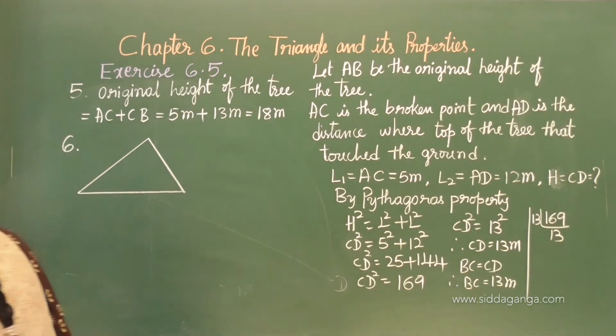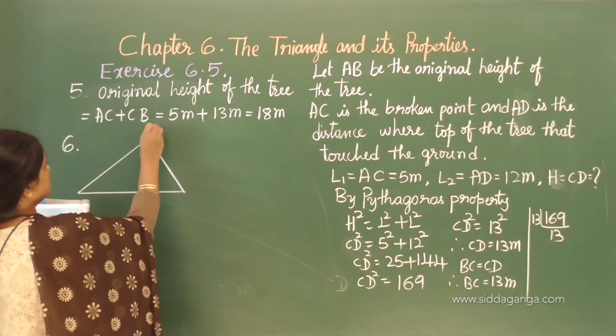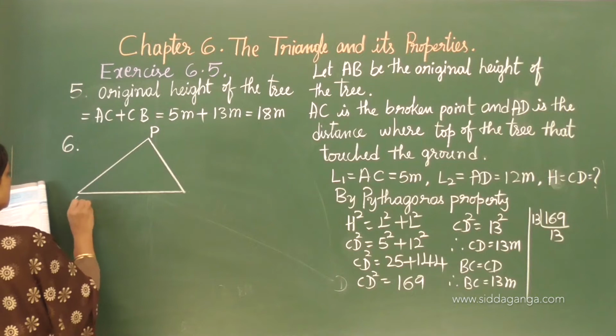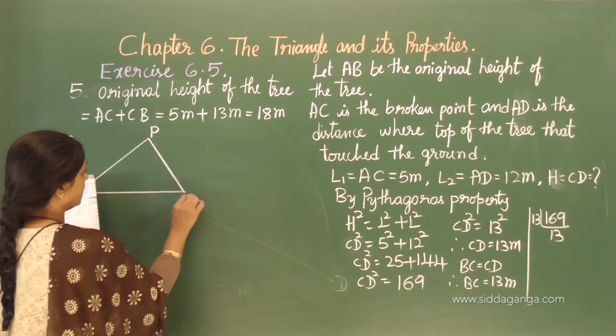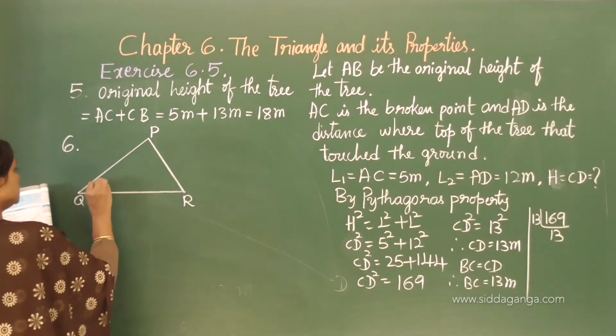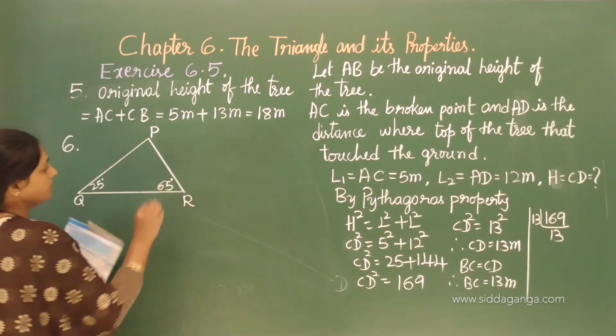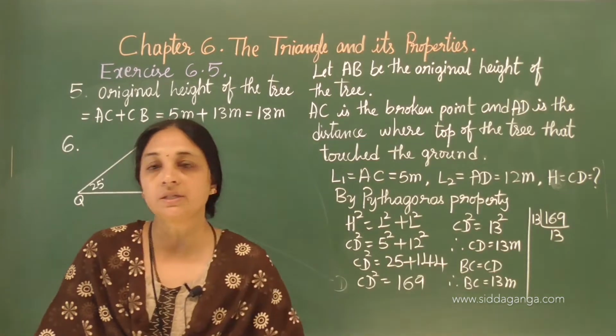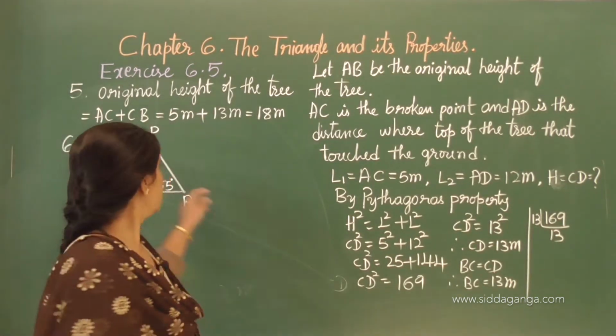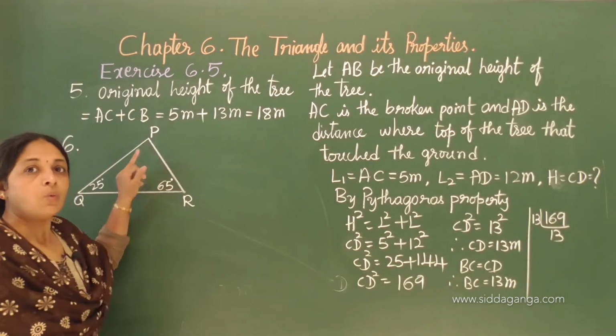So this is triangle PQR, this is P, Q and R. Q is 25 degrees, R is 65 degrees. By this we have to find the value of P. Why?